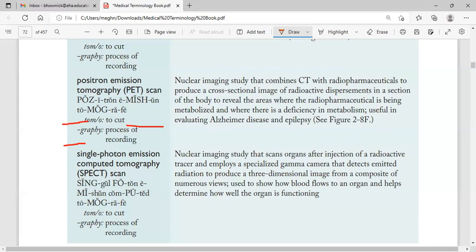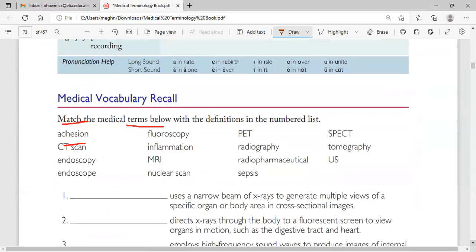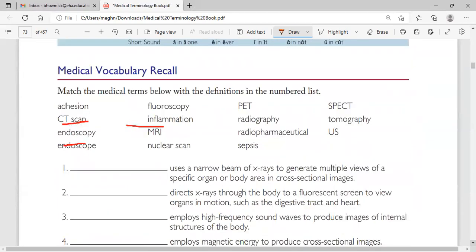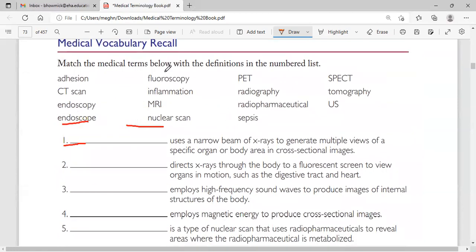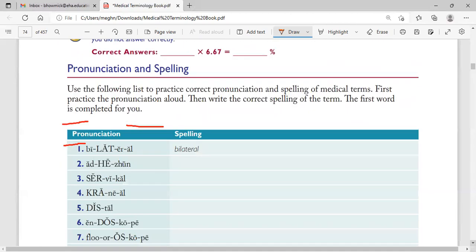You have to know all of this medical terminology, right? And here's some examples for you. You have to find out which one can fit where. So you have to practice, and then you can complete these pages. So this is chapter 2 for today, the body's image.